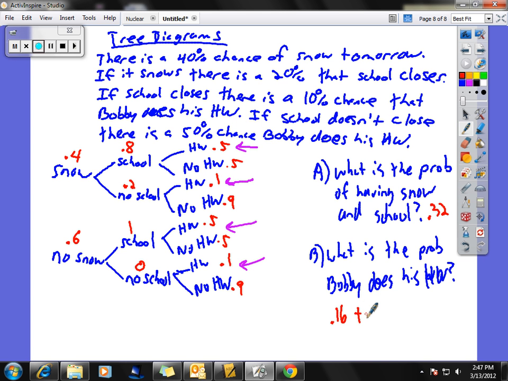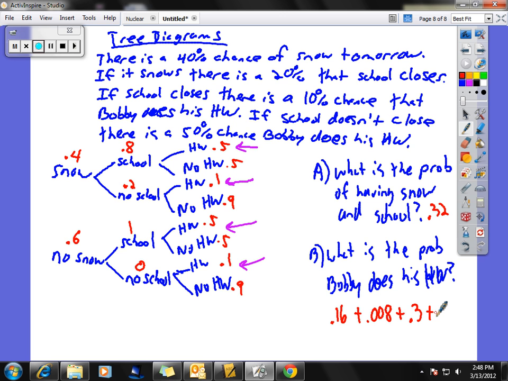Now we have to add that to the next one, which is 0.4 times 0.2 times 0.1. Okay, which is 0.008. Right? 0.4 times 0.2 times 0.1, that's 0.008. And then the third one here is 0.6 times 1 times 0.5, which is 0.3. And then that last one actually can't happen, right?